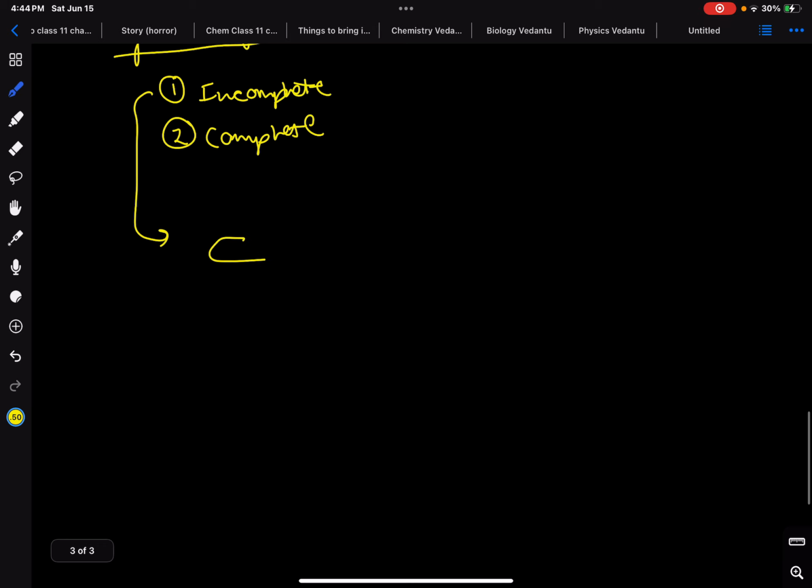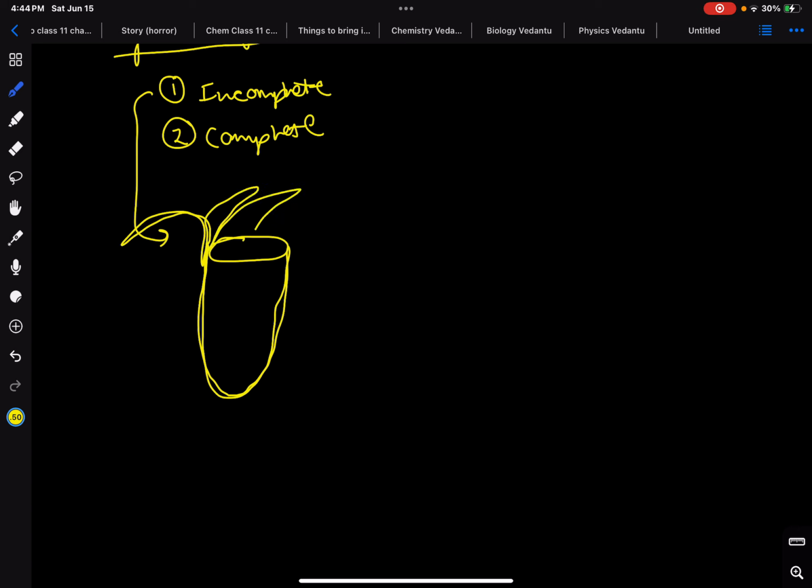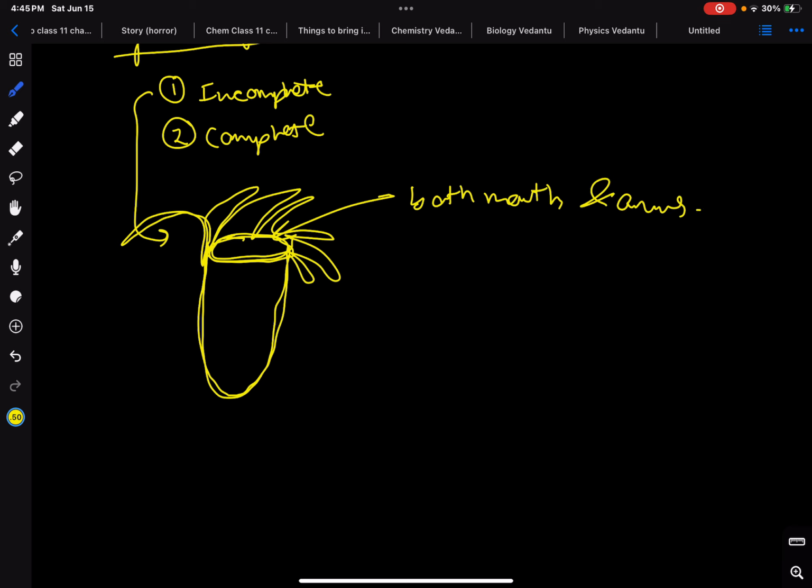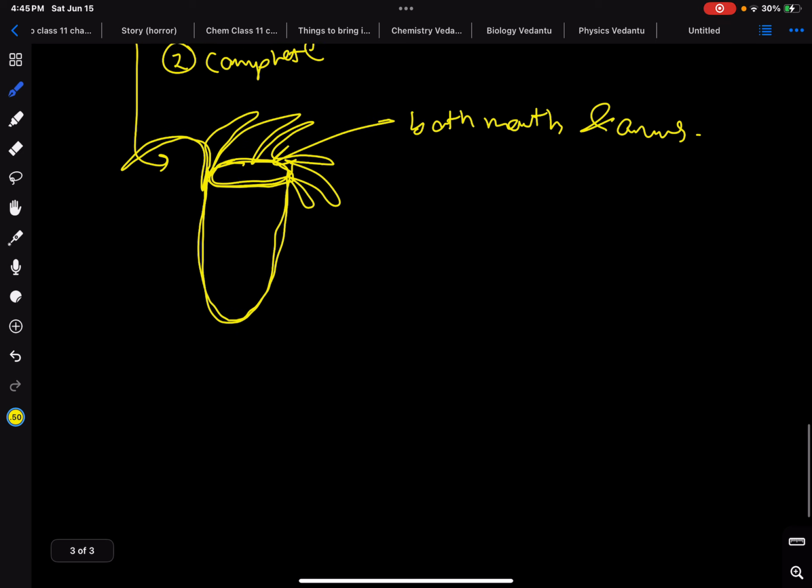For example, in Hydra, let's say this is the figure of the Hydra and these are the tentacles of the Hydra. Then we can see that it has only one opening, which serves as both mouth and anus. Alright, so that means the food goes in, it gets digested, and the waste goes out, the undigested food.